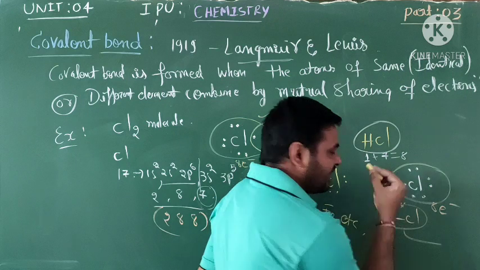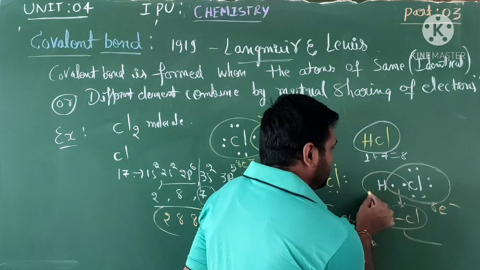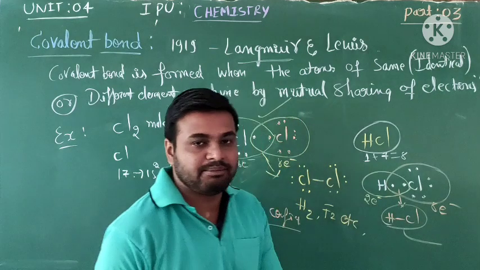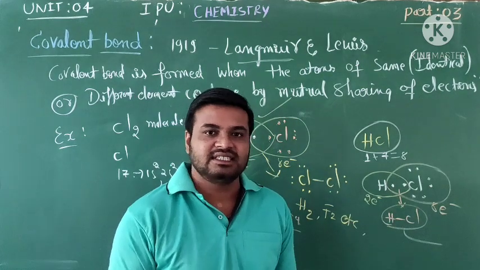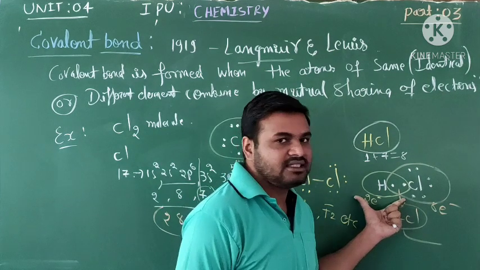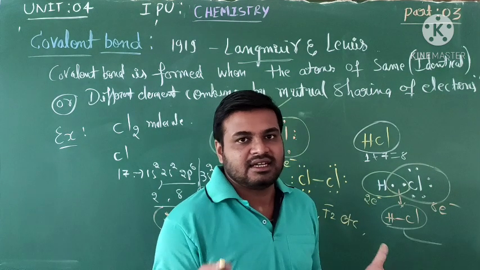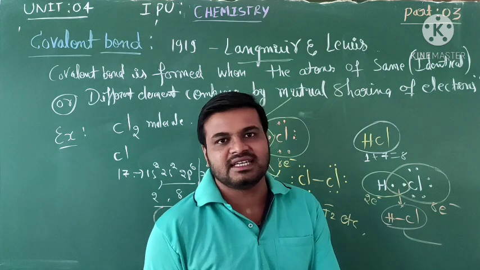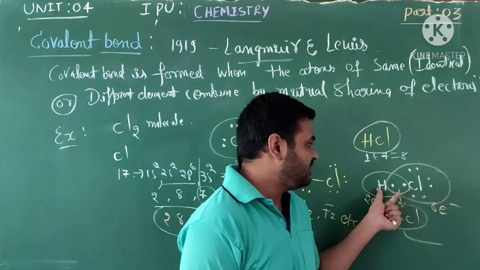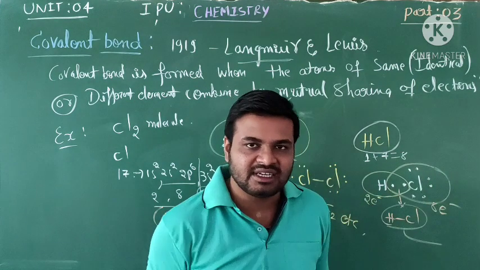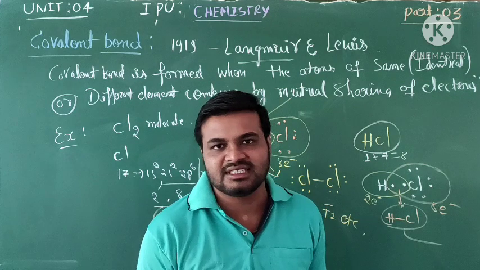But in the case of hydrogen, see here, hydrogen shares only 2 electrons, because hydrogen is the smallest shell element. Hydrogen is a first shell element with a capacity of only 2 electrons. Hydrogen has 1 electron and shares 1 electron to complete that shell.